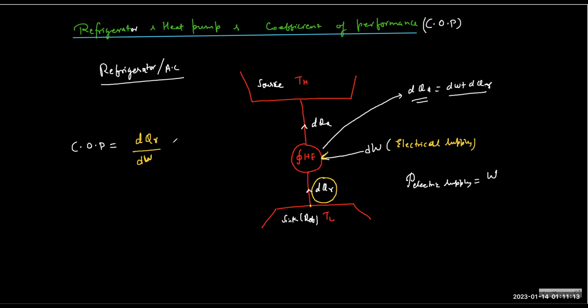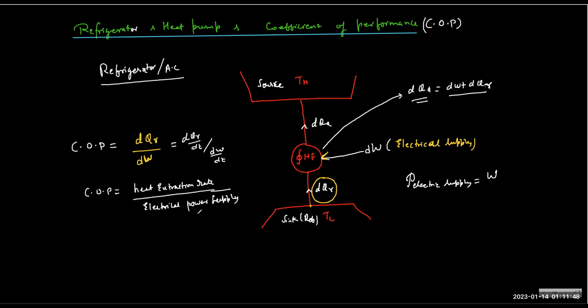Okay. So we can also define dQR by dt upon dW by dt, right? Which means at what rate you throw the heat outside. So this becomes the heat rejection rate or heat extraction rate upon electrical power supply, isn't it?